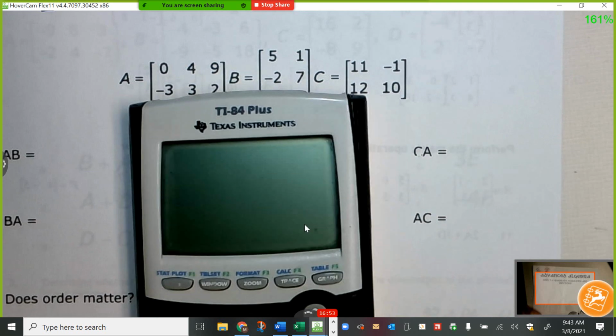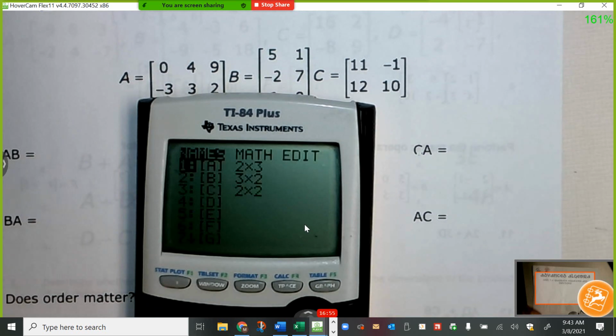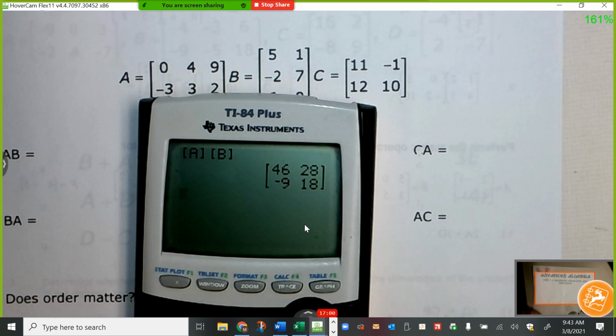Okay, so the first one is A times B. Which gives me a 2 by 2.